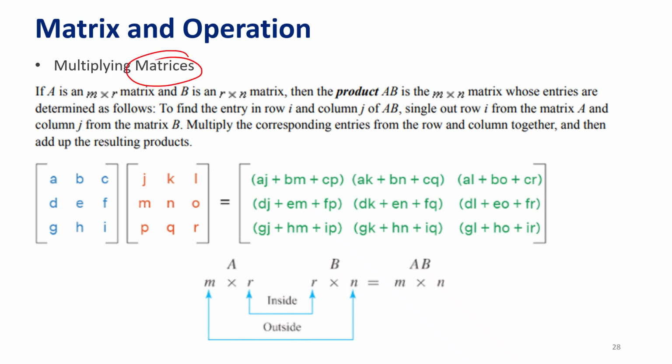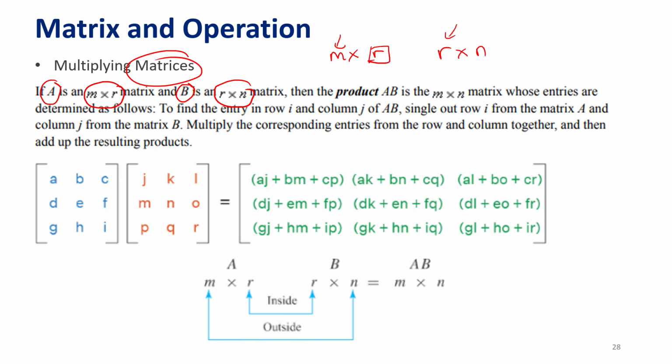So in this one, what you need to know first is that when you multiply a matrix A with matrix B, we need to make sure of the size. Let's say matrix A has size M by R, and B is R by N. So this is R columns and this is R rows.